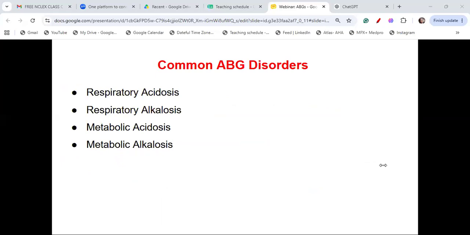Let's start with respiratory acidosis. Whenever you come across the word respiratory, always note that the problem is coming from the lungs. Whenever you come across the word metabolic, then the issue is with the kidneys.